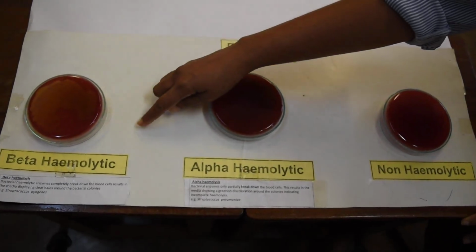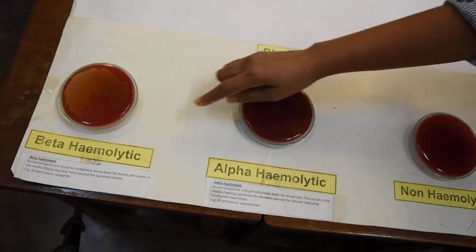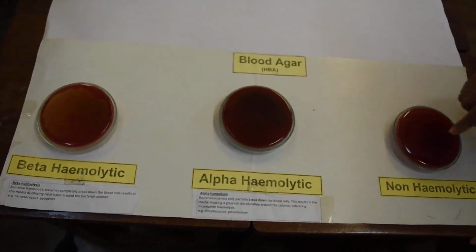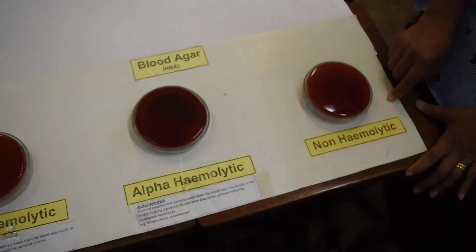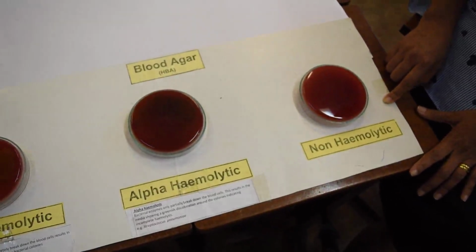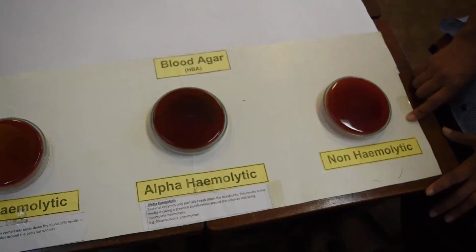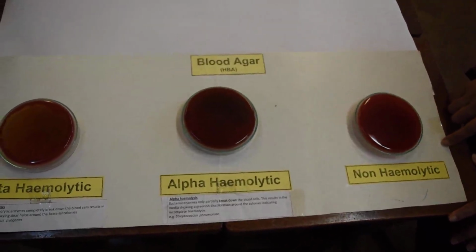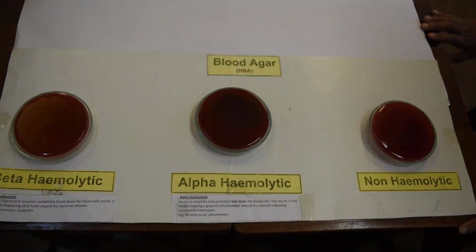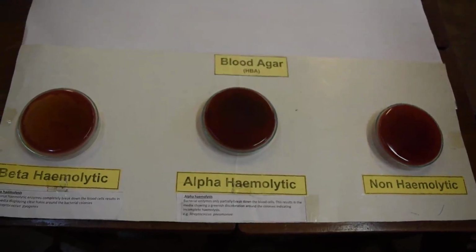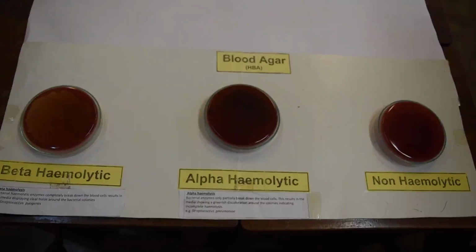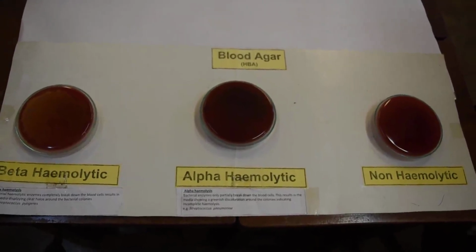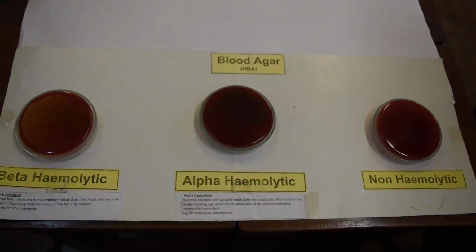There are three types of hemolysis: beta hemolysis, alpha hemolysis, and non-hemolytic streptococci, which we sometimes call gamma hemolytic. Beta hemolysis means that by producing a different type of hemolysin, they can show complete hemolysis on the blood agar.